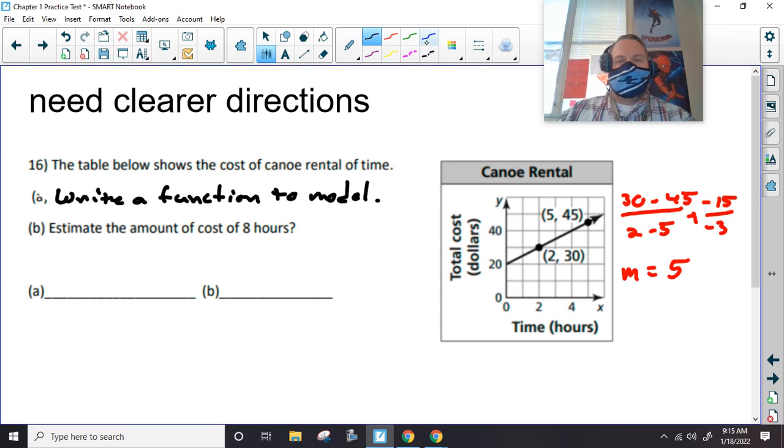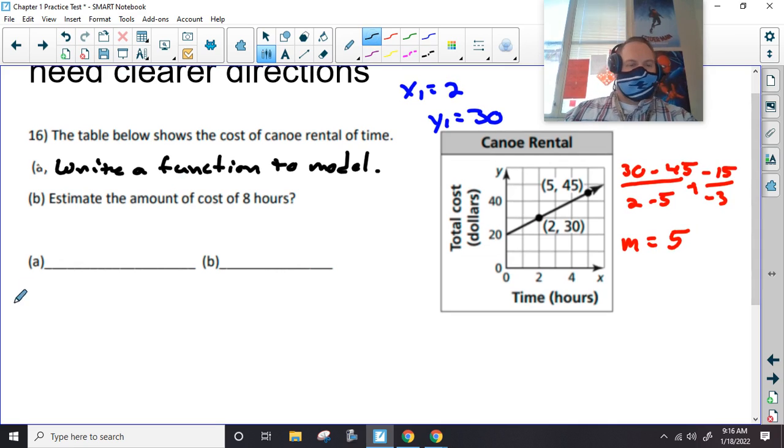All right. Well, if we let x1 equals 2, y1 equals 30, y minus y1 equals m times x minus x1.